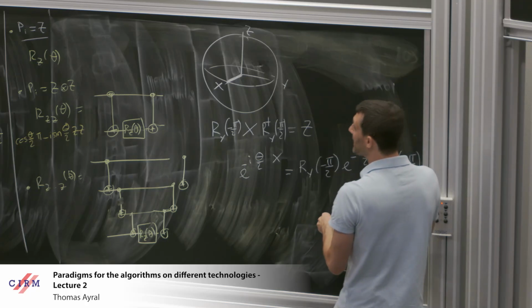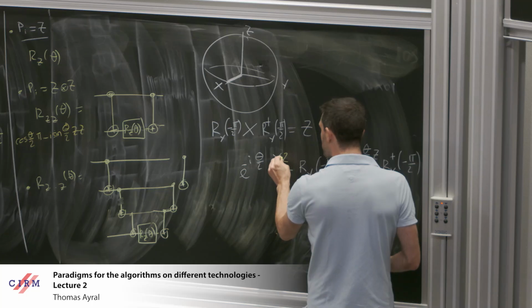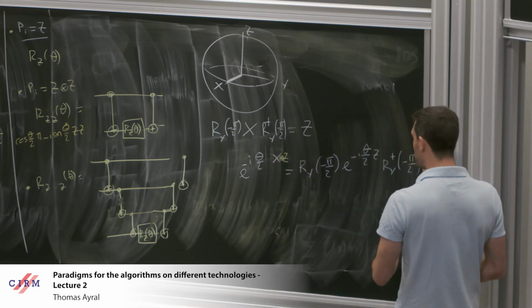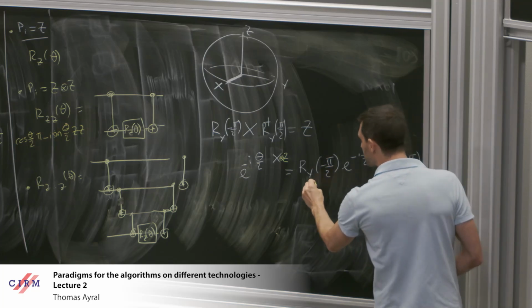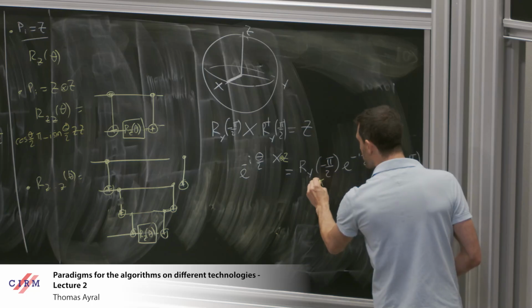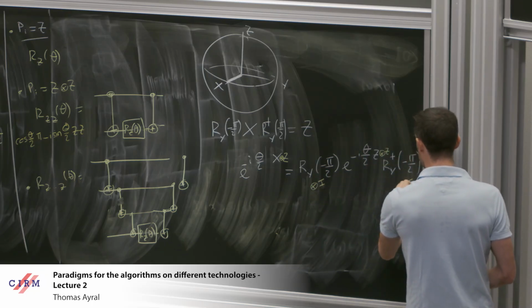But let me take an example where I have here times Z, for instance. So this is a 2 qubit operator, X times Z. Then I just need to do, and of course I need to say that I have ry on the first qubit and identity on the next.